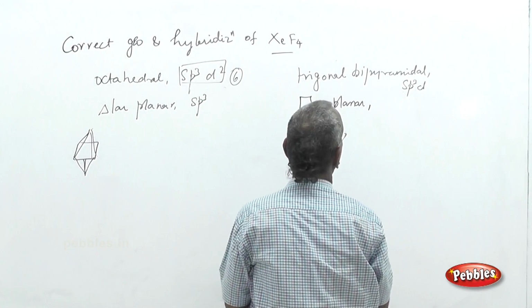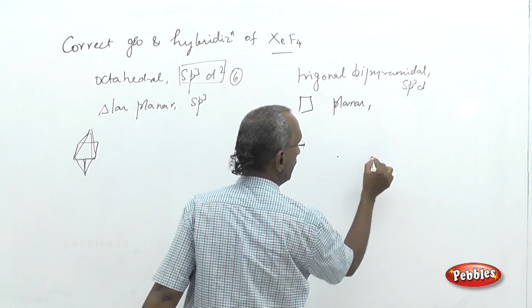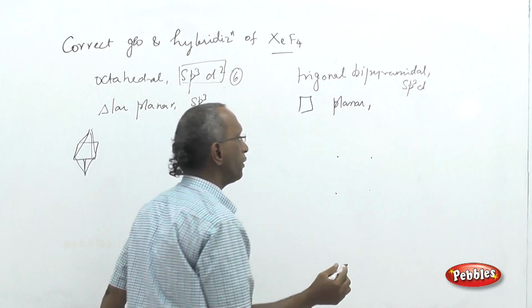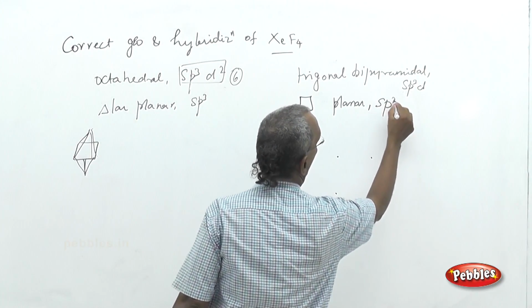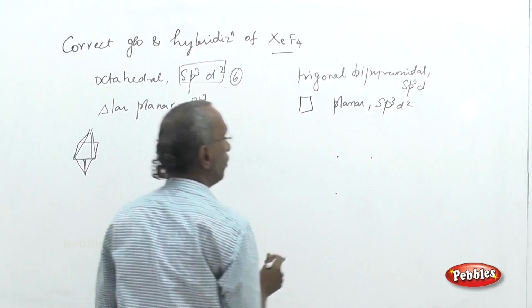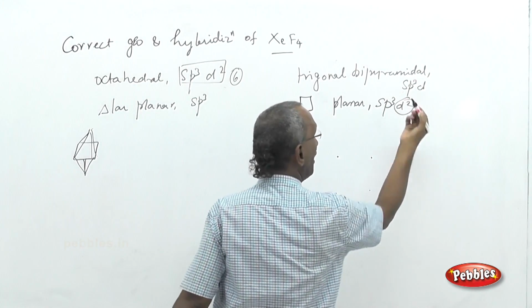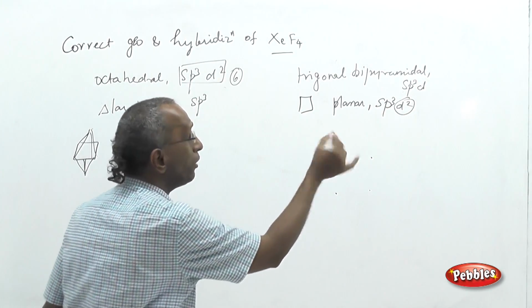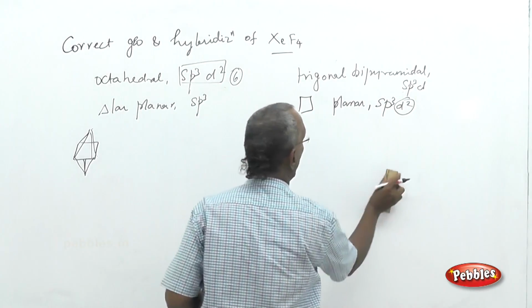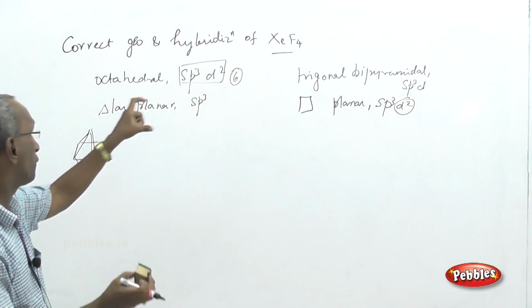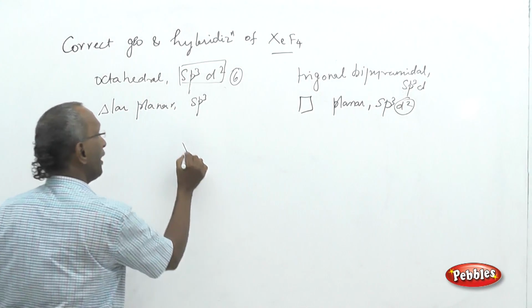Square planar means the 4 vertices of the square are occupied by the different orbitals. That is to be noted. Here the d orbital is only vacant, with no electrons in it. That is the reason behind it.